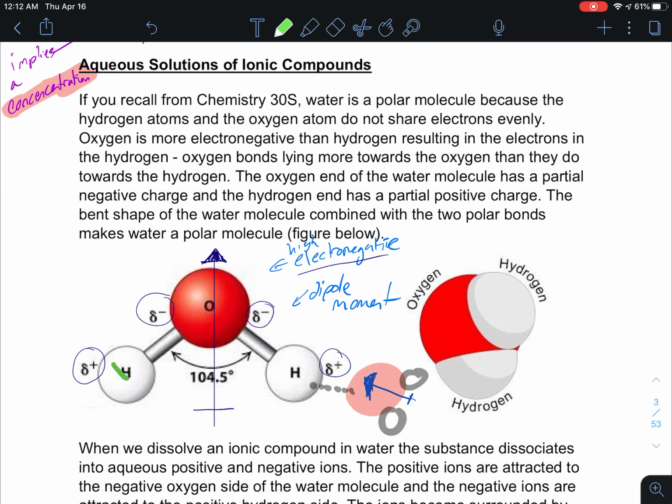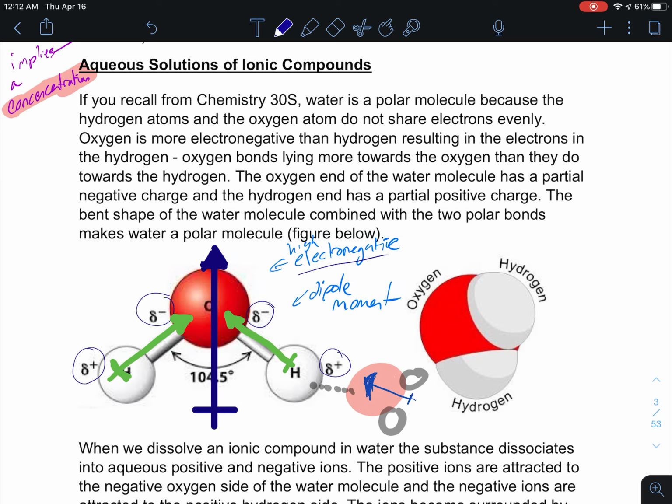The dipole moment starts at the positive end and goes towards the negative element. Those can be drawn for each bond, and when you combine them, like you do in vector addition, you get an overall dipole moment, which I've drawn out ahead of time here.